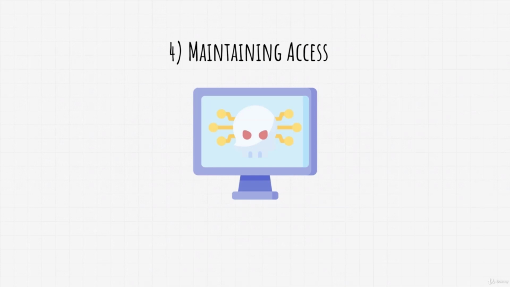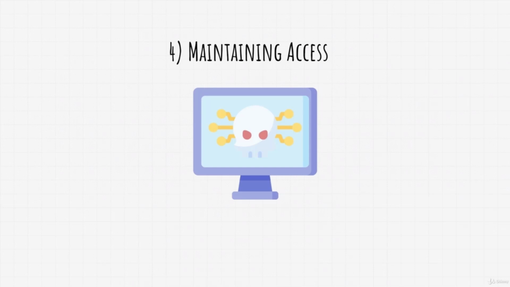However, maintaining access is also an important step, and it is commonly done by installing backdoors and planting rootkits. What backdoors and rootkits are simply programs that will allow us to gain access to that target whenever we want, without the need to exploit it again. We just connect to the backdoor that we planted in the target system, and there it is. We're again on their machine.